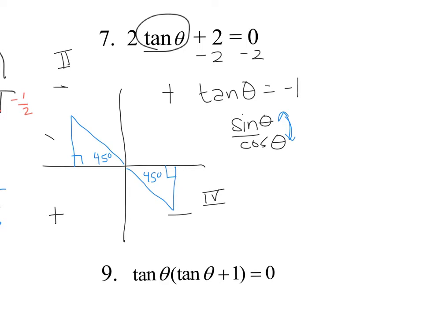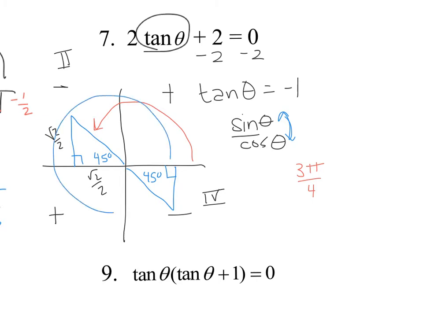But when I divide root 2 over 2 by root 2 over 2, you get 1, and we're in that negative quadrant. So this is going to be, in terms of radians, 3/4 pi, 3 pi over 4. And this angle right here is going to be pi over 4 short of 2 pi. So it's going to be 7 pi over 4.